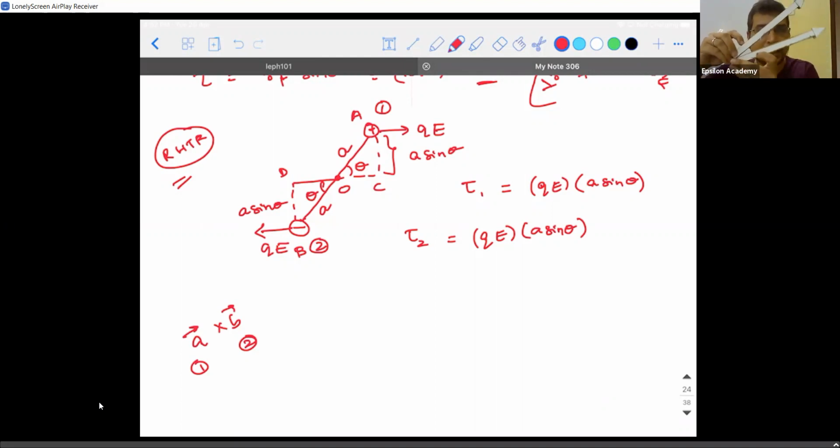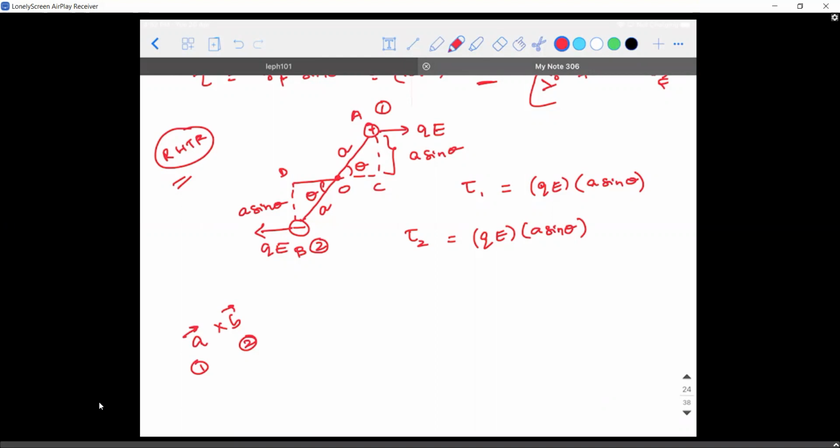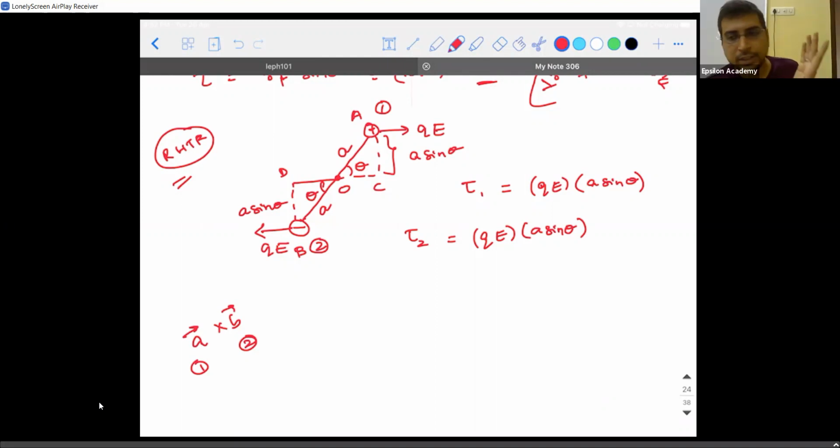I can reach the second vector this way or that way, but I will go in the shortest direction. In which direction is A rotated? Anti-clockwise. So curl the fingers of your right hand in the anti-clockwise direction and extend the thumb. The thumb gives you the direction of the resultant. Positive z-axis or negative z-axis? What is the answer?